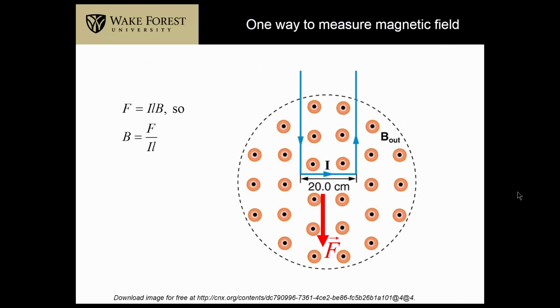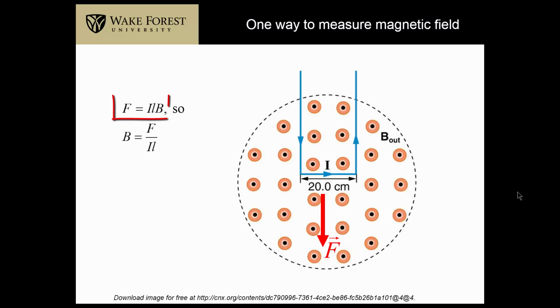This in fact presents one way of measuring a magnetic field. Suppose we had a little section of length L in a uniform magnetic field as shown in this figure. The force is I L cross B. Well, in this case, L is to the right, B is out of the screen, I L cross B is down, and in fact it's perpendicular, so sine theta is sine of 90, so the magnitude of I L cross B is just ILB.